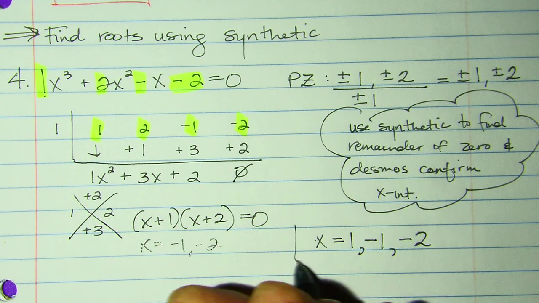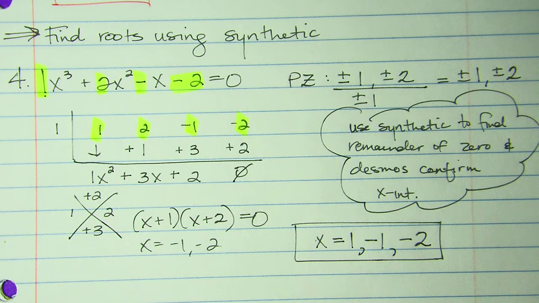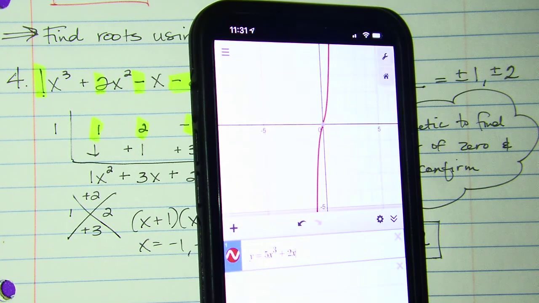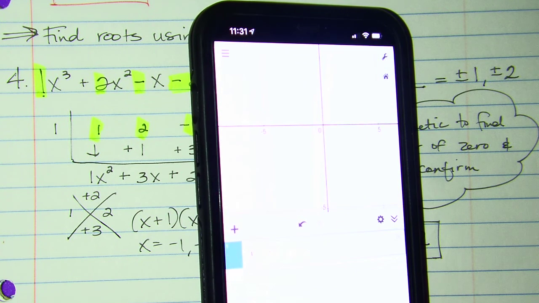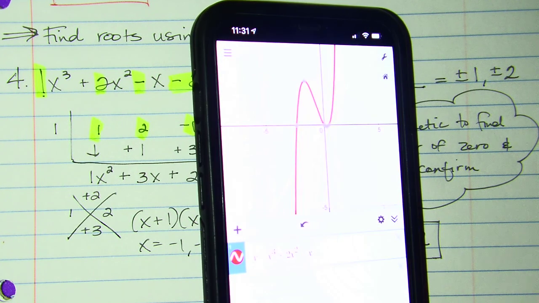So here are all 3. Now, let's confirm this in Desmos, because on a test I would want to see work, but you can confirm your answer on Desmos. So x cubed plus 2x squared minus x minus 2.